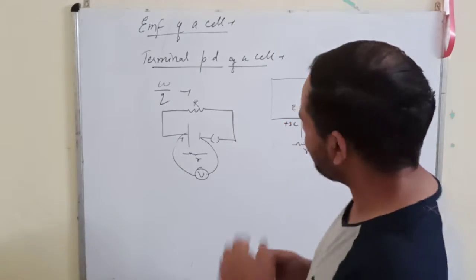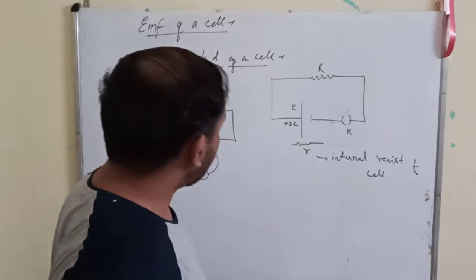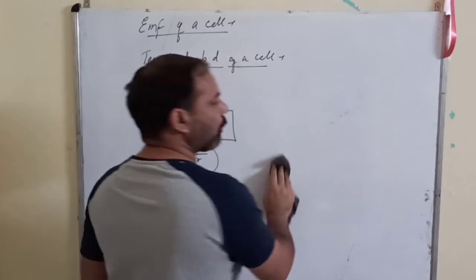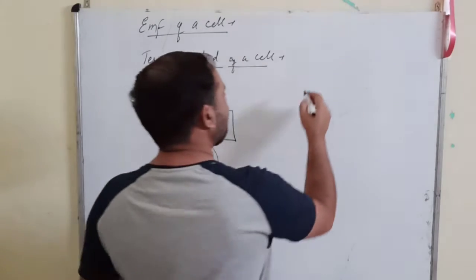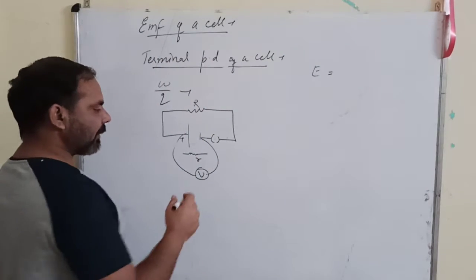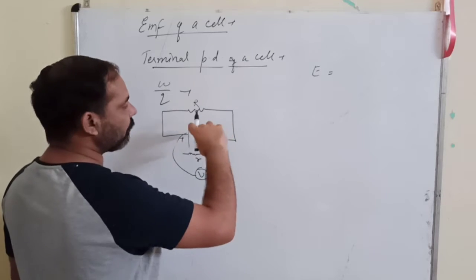Okay. Now this terminal potential difference, as I told you, EMF is the total capacity of the cell to flow the charge. Now the total capacity, the total energy. What happens is how that energy will be utilized, how the work will be done.